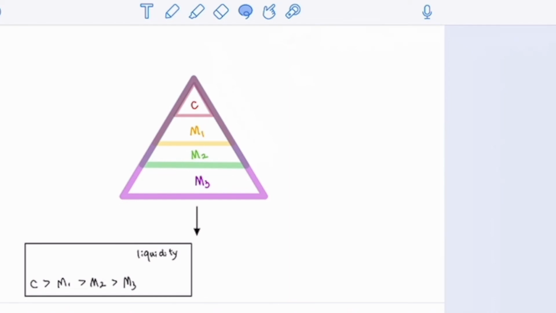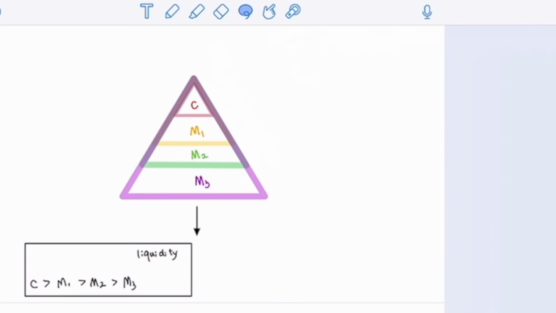So if you want to use the money in your time deposit, you probably need to liquidate it with some penalty. And so M2 is less liquid than M1. Finally, M3 is the institutional money market mutual fund balance or the large time deposit. Because the liquidation for those funds is more difficult than the time deposit and the demand deposit, it is the least liquid money type.